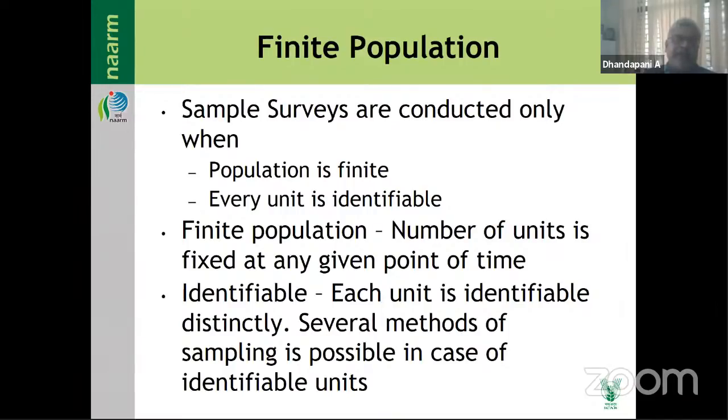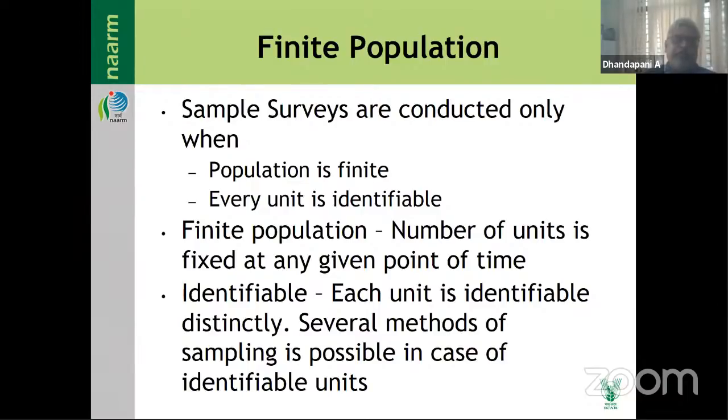And the second thing is that every unit in the population is identifiable. There are certain cases where the population will remain finite, for example, how many fishes are there in the lake.